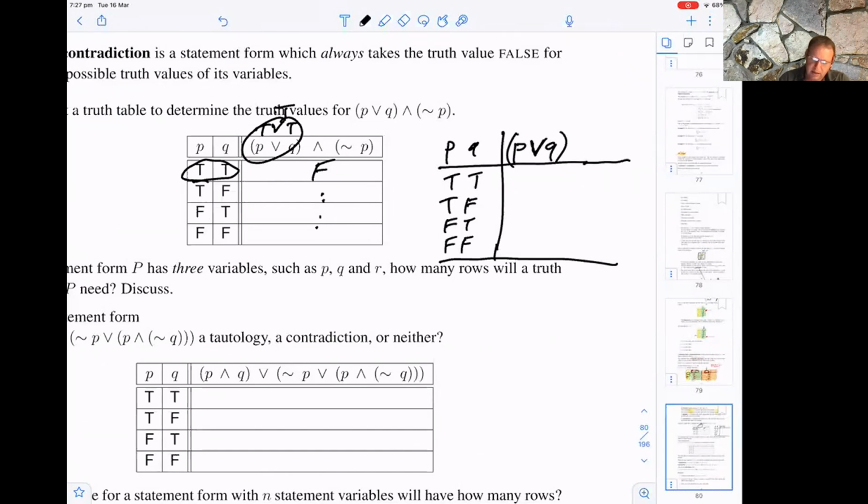No, let's do this. Here, P and not Q, or not P and Q. I hope I've made a tautology. Let's see.